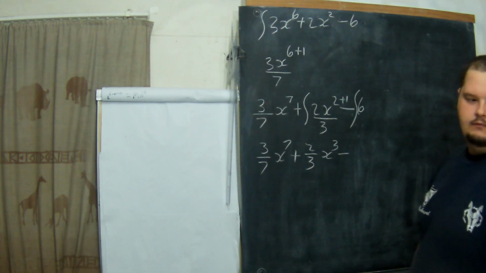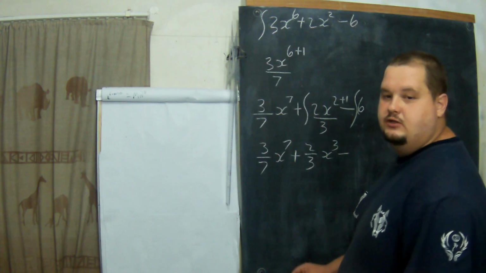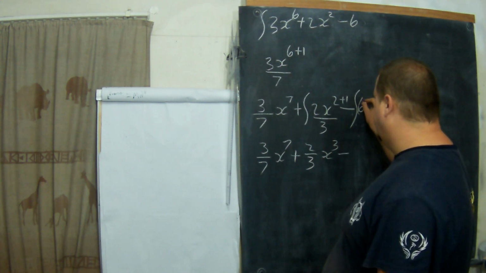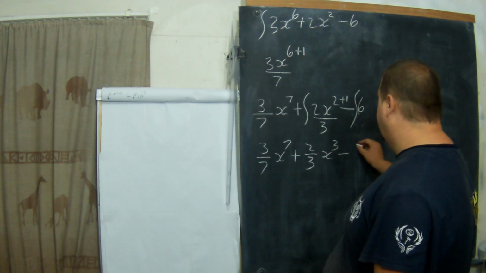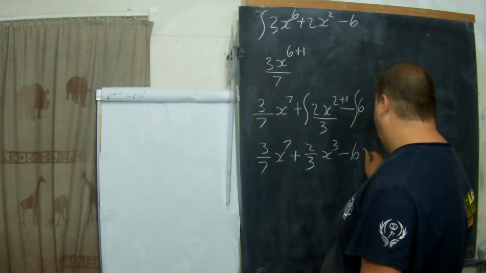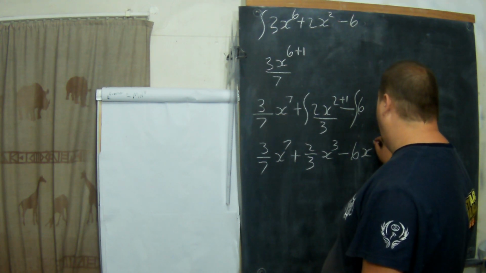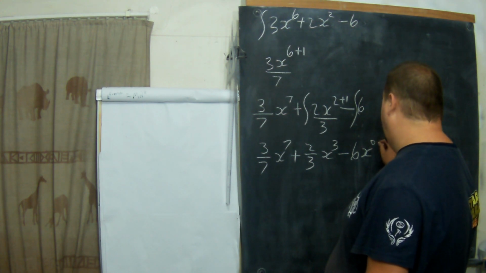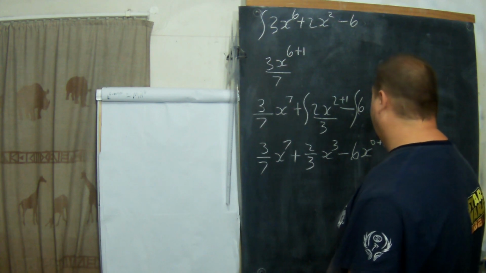Minus, now the next term is 6, so that is 6x, because the exponent goes from 0 to 1.